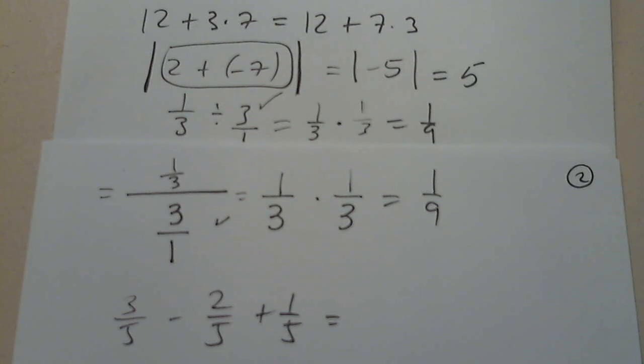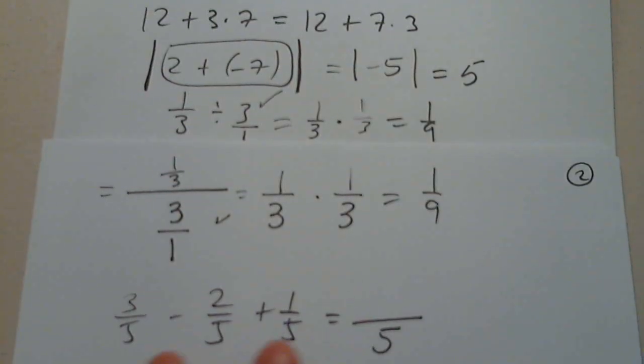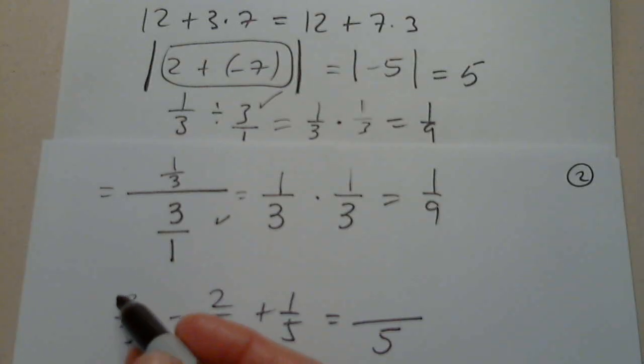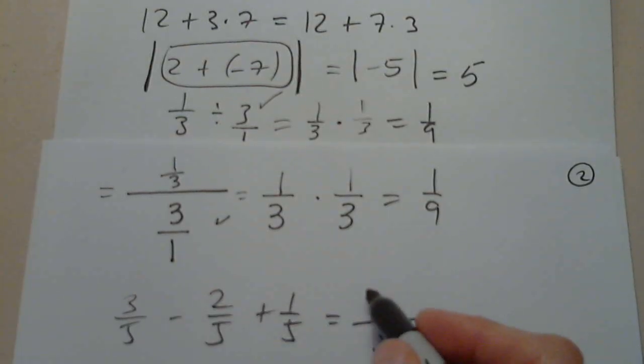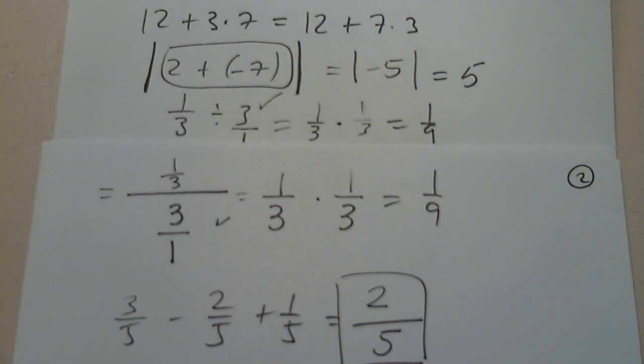What would you do? Any suggestions on this problem? Yes, we only have to copy the least common denominator, which is the same. And here we are allowed to copy the numerators. 3 minus 2 is 1, 1 plus 1 is 2. And this is the final answer. Good. Moving on.